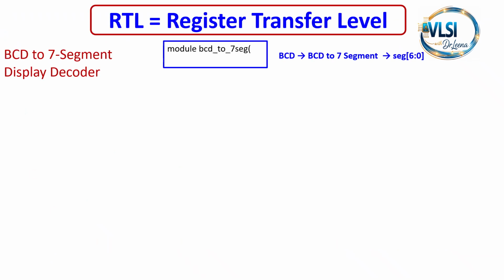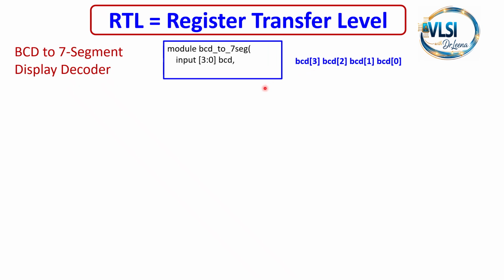Now we are writing the RTL code for the BCD to 7 segment display decoder. See, first we are giving the module, then the module name, and opening the bracket. Now we are going to give the inputs. The input means data coming into the module. Here it is a 4-bit signal, and BCD represents the binary coded decimal number.